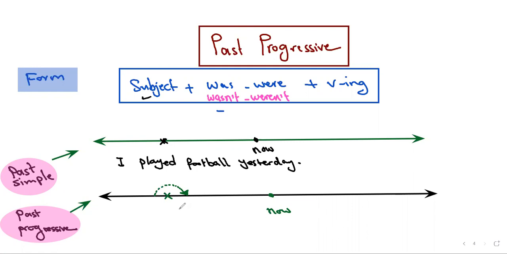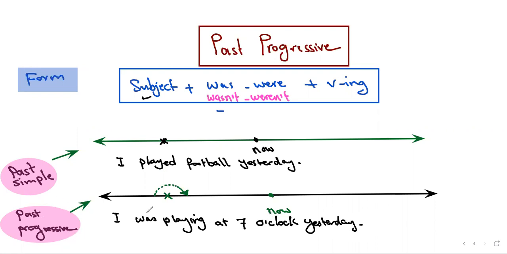Look at this example. When I say, I was playing at 7 o'clock yesterday, this is the past progressive. Why? Because I concentrate on the idea that something was in progress at a specific time in the past. This is 7 o'clock yesterday.